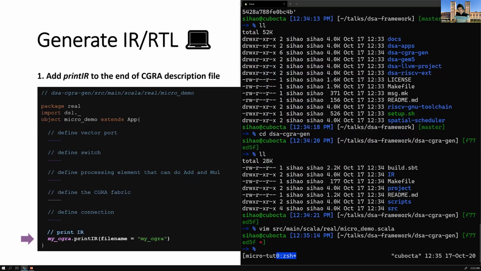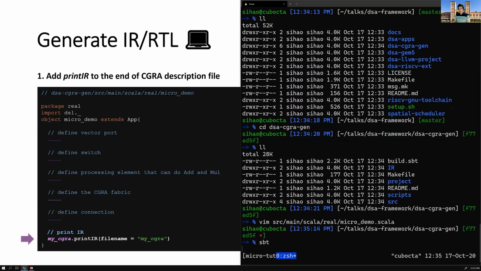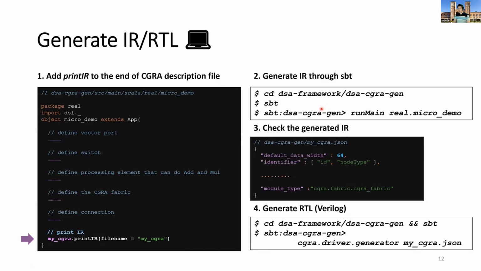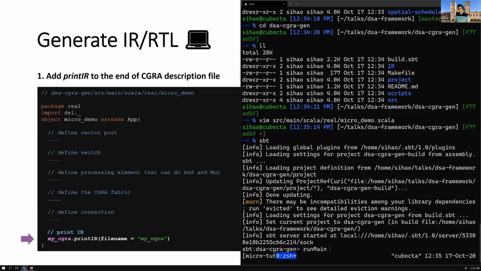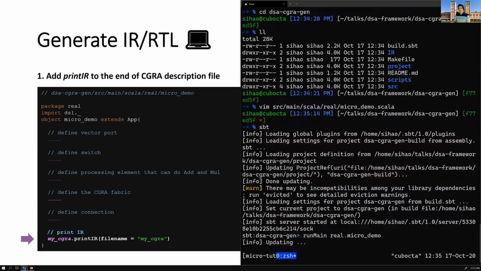I will open up the SBT under here, the DSA CGRA agent, and it takes a while. The command that you need to run is runMain, and put the package name, because I named the package real, and then the name of the object. So you run runMain real.micro.demo, and it will give you the result.